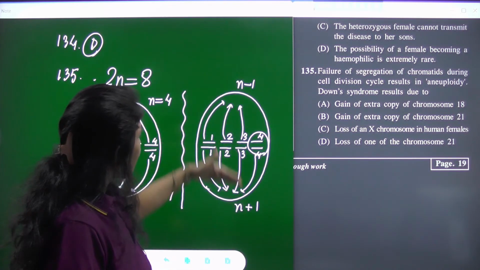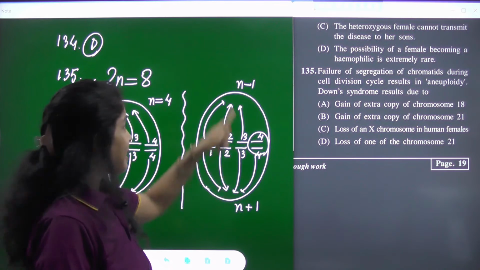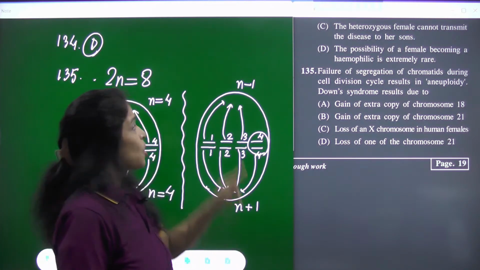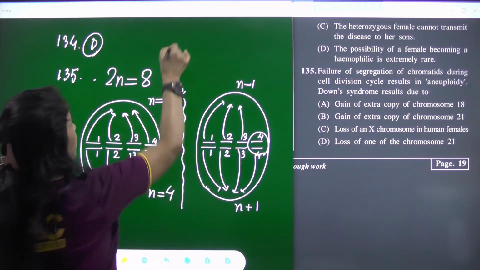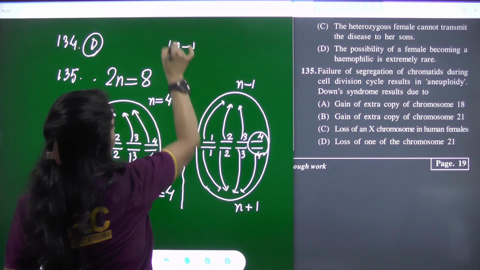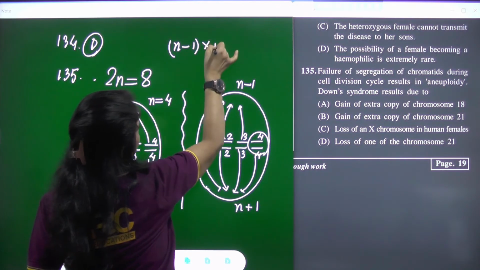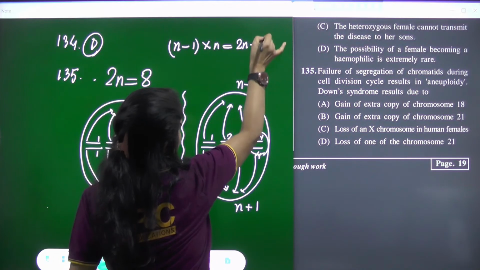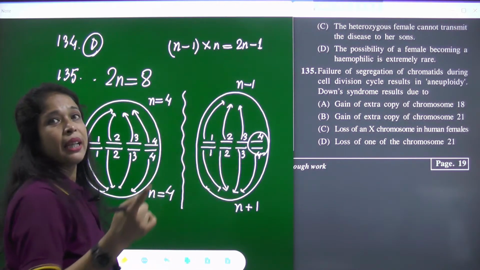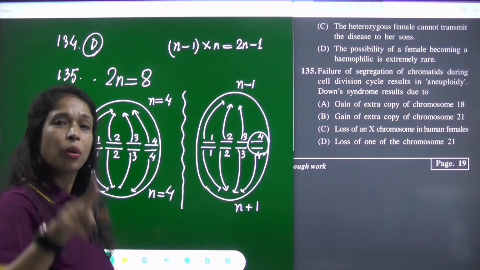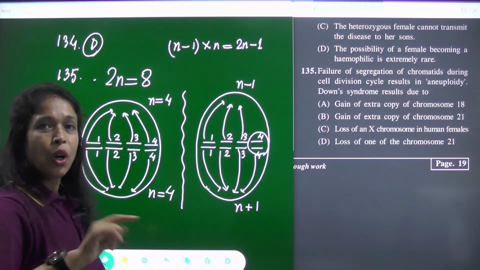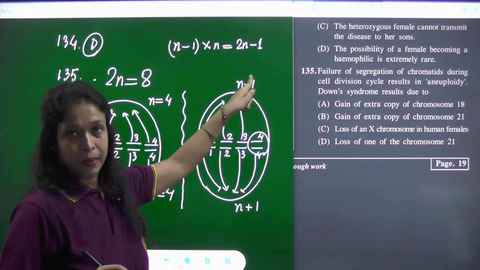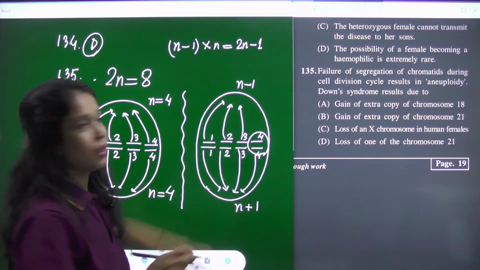So these are abnormal gametes. This is what we call non-disjunction. So now मान लीजिए ये जो abnormal gamete है n-1, इसका fertilization हुआ with a normal gamete. So कैसा condition form होगा? 2n-1, मतलब 1 chromosome less than the normal. This is what we call monosomy. Okay, ये monosomy है.